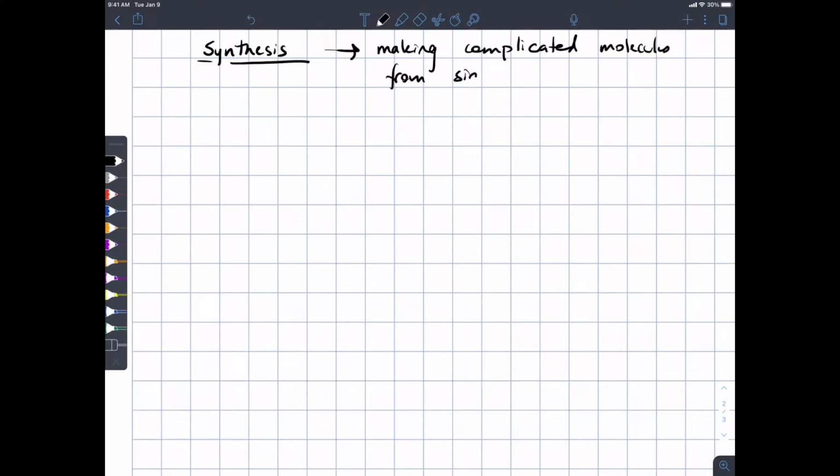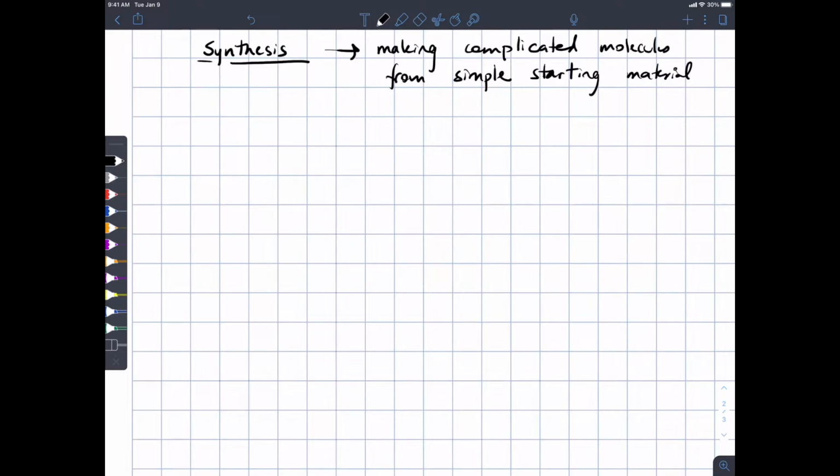Well, first, it's a good way to test whether or not you have mastered the reactions that we're learning. Because in order to succeed at synthesis, you need to know what reagent reacts with what starting material to give what kind of product. You need to understand the stereochemical and regioselectivity issues associated with each reaction.